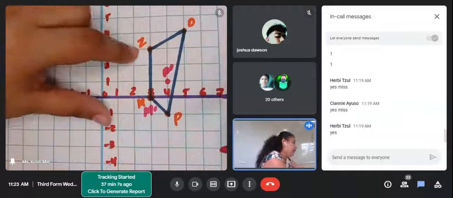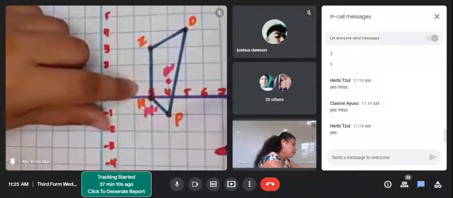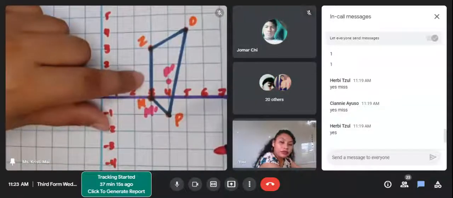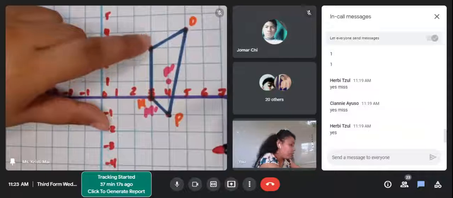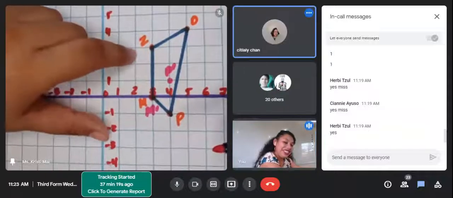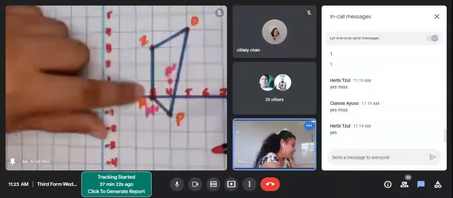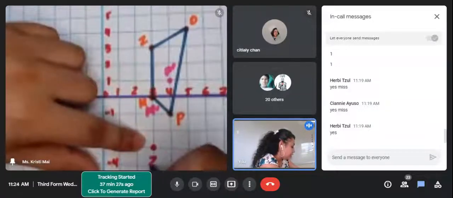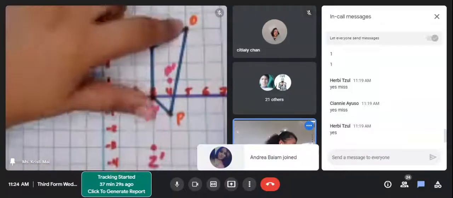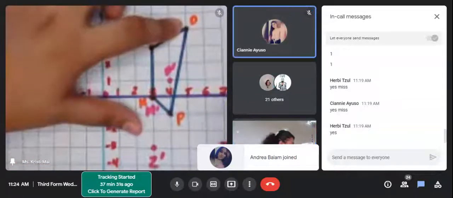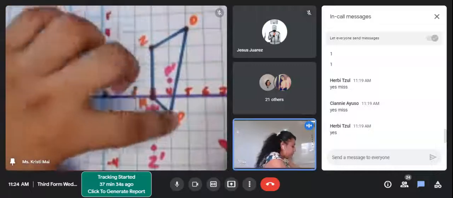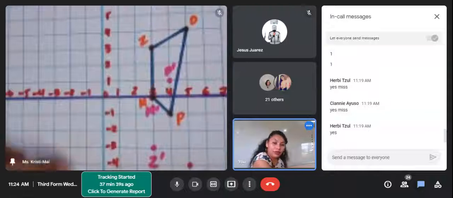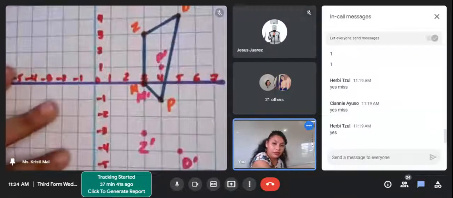Z is how many spaces away? 2. Three spaces. One, two, three. So I'm gonna count one, two, three, right here, and this is gonna be Z1. How about D? Four. So I'm gonna count four spaces, and then D1 is gonna be here. Right? There you go.